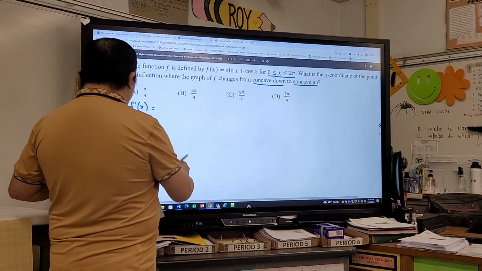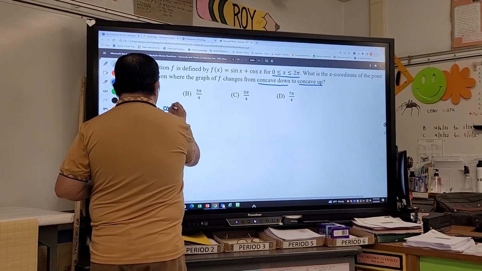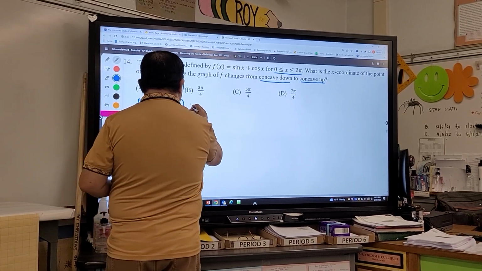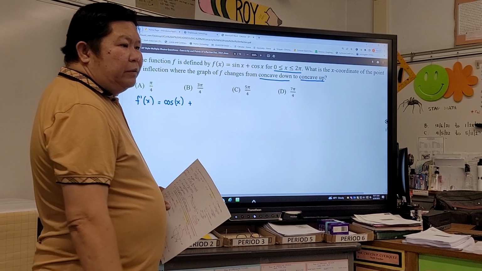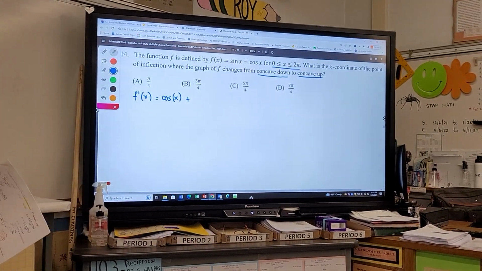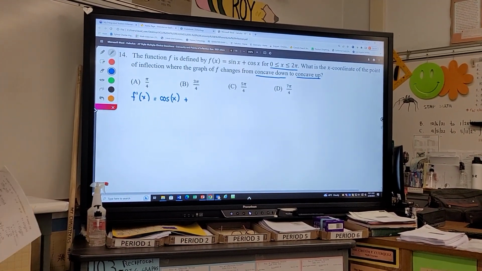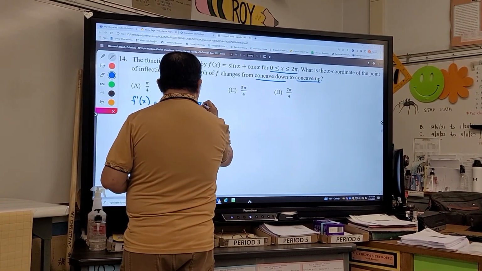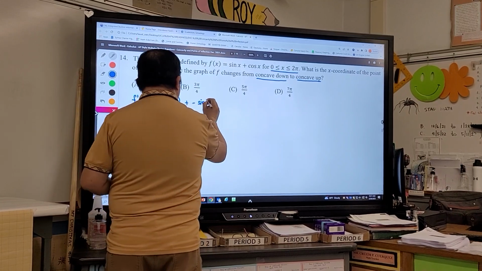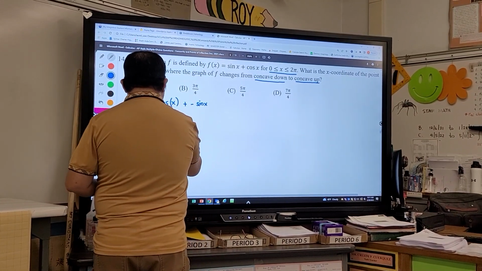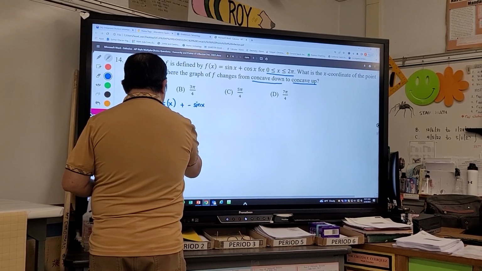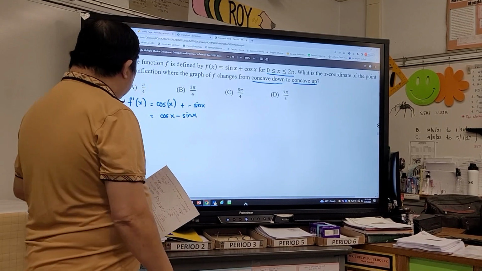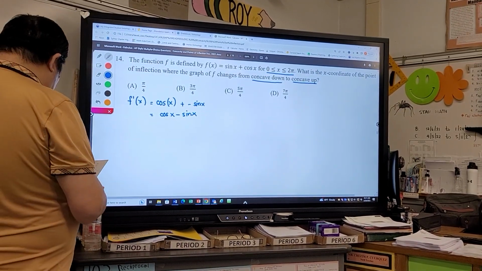Okay, so cosine x, and then plus the derivative of cosine, which is negative sine, so plus negative sine x. So it implies that this is cosine x minus sine x. That's the first derivative.